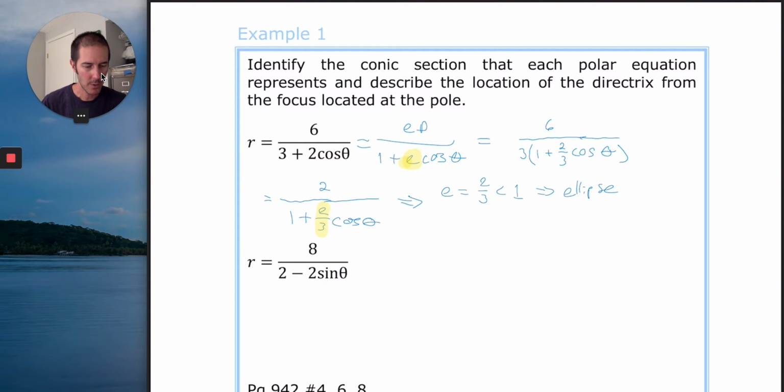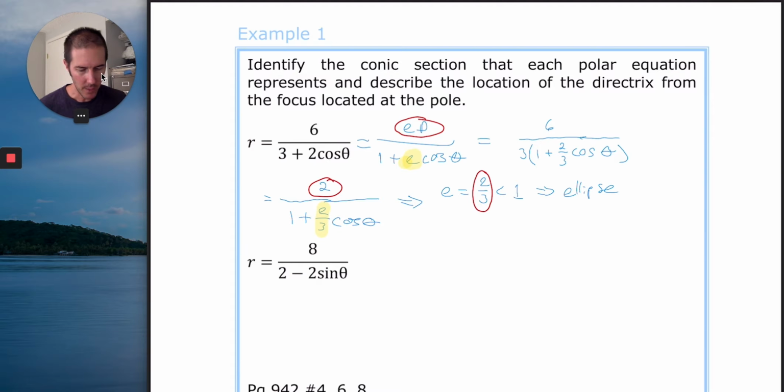Describe the location of the directrix. Well, first of all, we can learn by using this value of 2/3 from the eccentricity. We can now incorporate that into the numerator, because our numerator is E times P, and I now know what my E value is. So I'm going to use those three components.